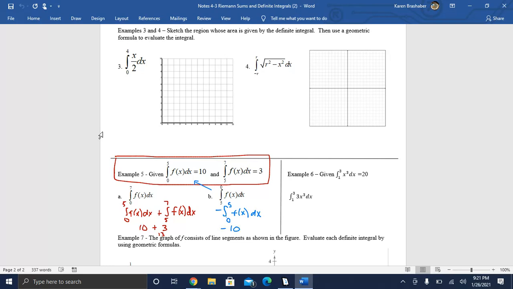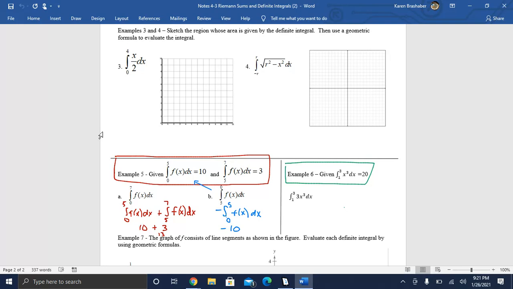And then in our example 6, you can also apply the properties when you have variables. So again, you want to make sure you pay attention to the given information. We're told that the integral from 1 to 3 of x cubed dx is 20.